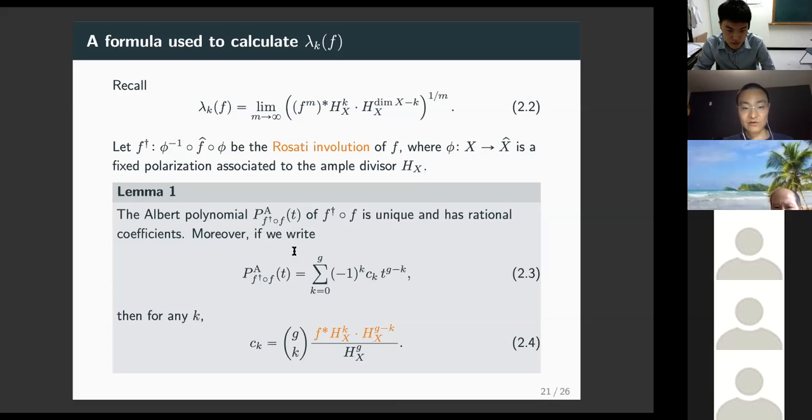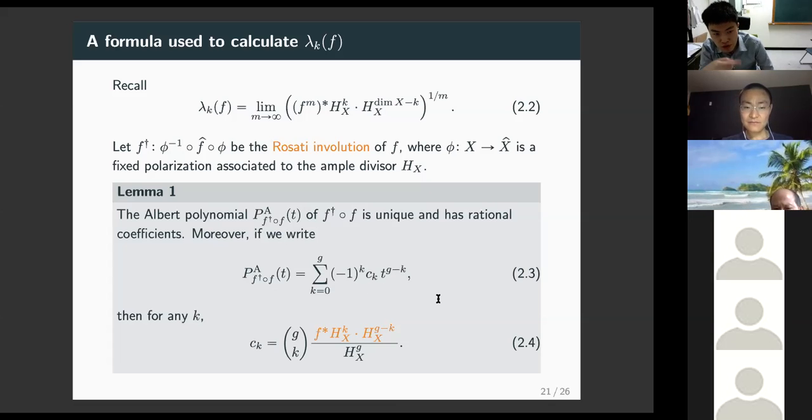Moreover, if we write this polynomial in this way, the coefficient equals g to the k, and this intersection number, divided by the top self-intersection product of Hx.